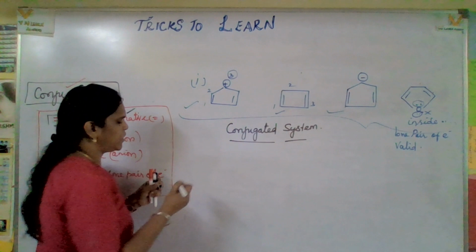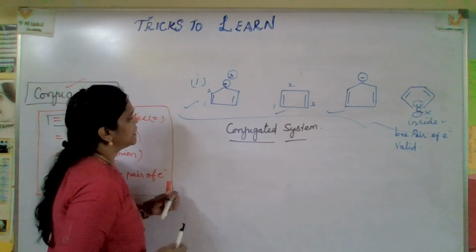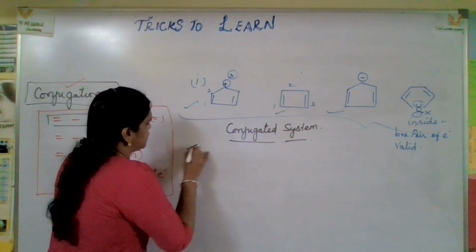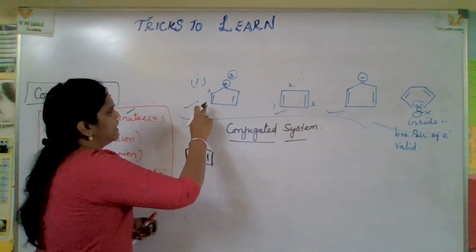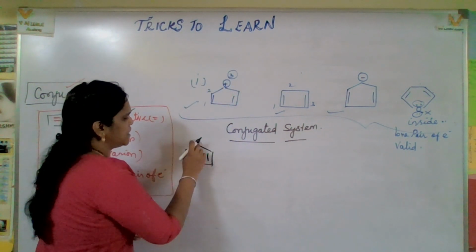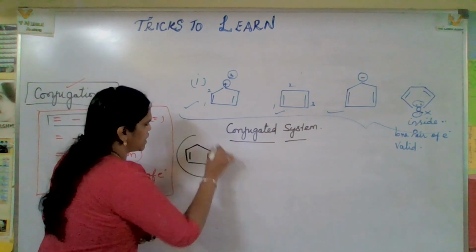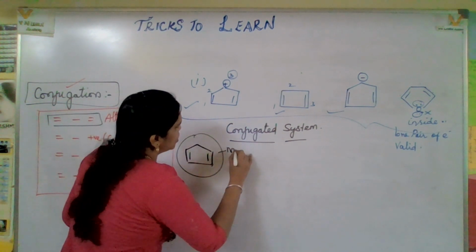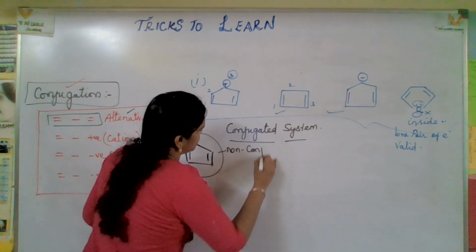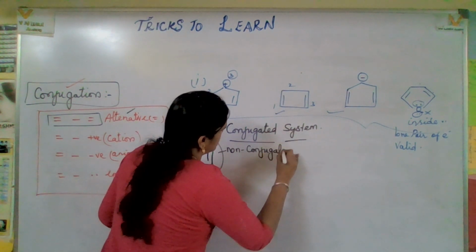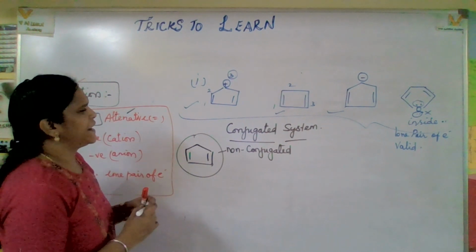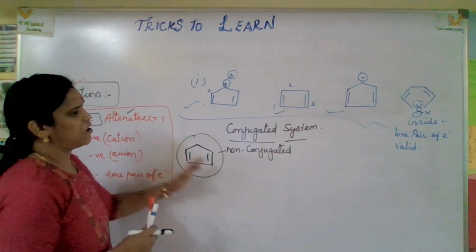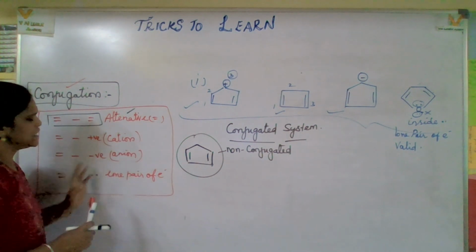For example, here is the same thing, something different. See here, the same but I didn't put the positive charge. So this comes under a non-conjugated system. Now you can easily identify which is conjugated and non-conjugated if you know these four rules.